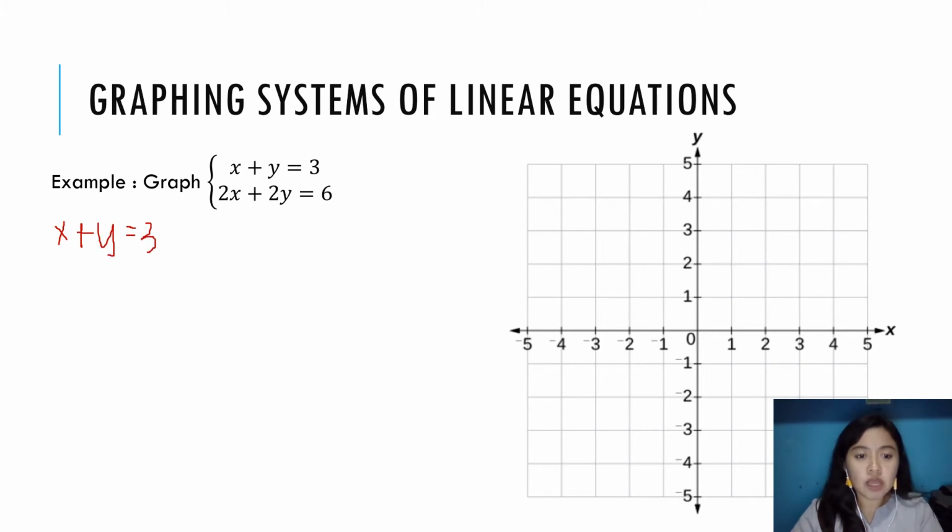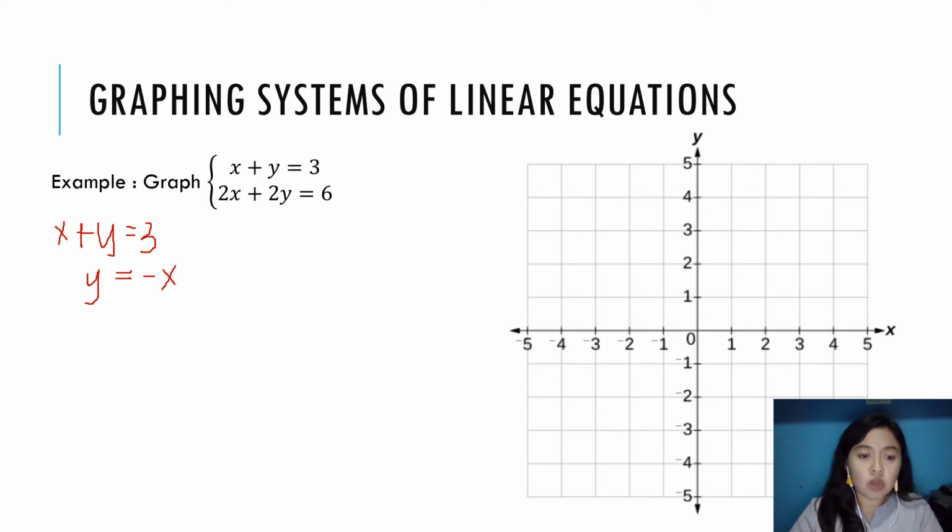To convert it into slope-intercept form, all we have to do is make sure that only y remains on this side of the equation. So, let's imagine that we move x to the other side. So, only y remains here. Is equal to, since we moved x to the other side, the sign of x changes from positive to negative.